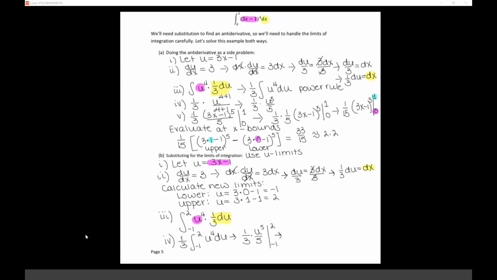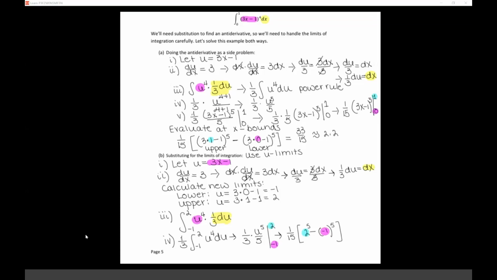So this is the last step. I can pull out the 1/15 like I did before. Now all I have is 2 to the 5th minus -1 to the 5th. These are the bounds on the integral: here's the upper bound, here's the lower bound.